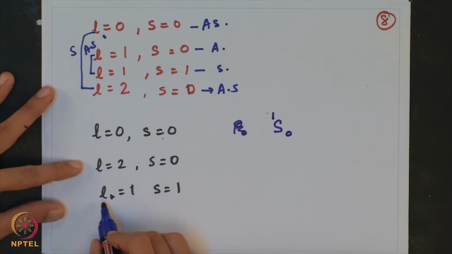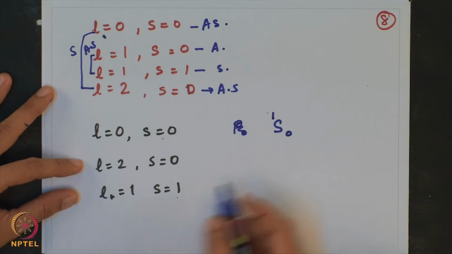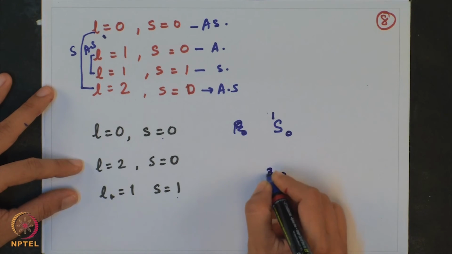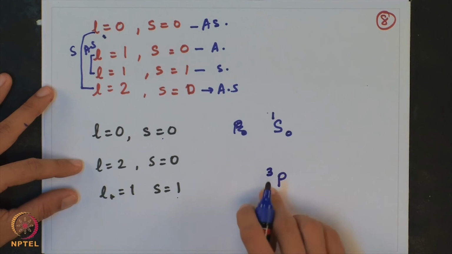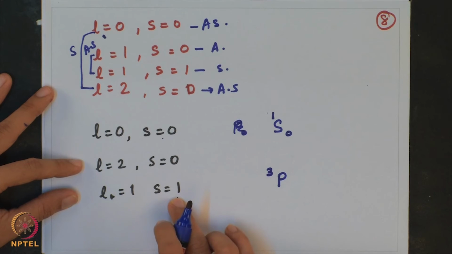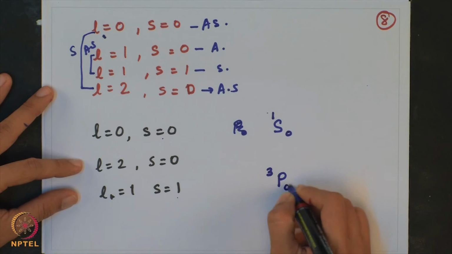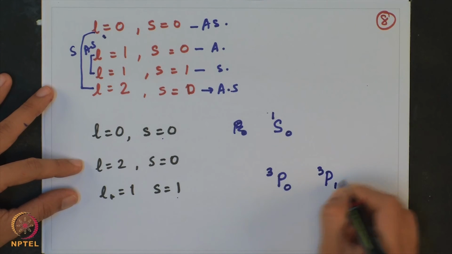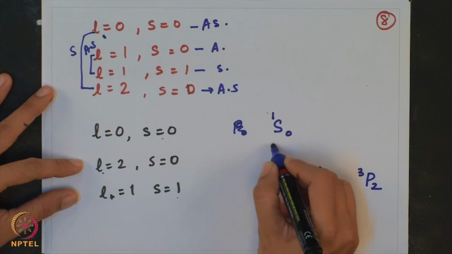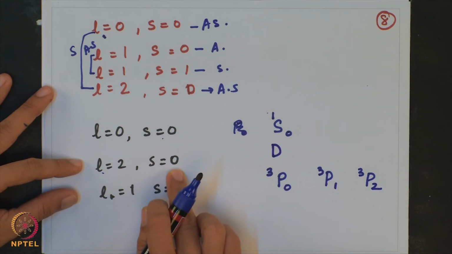Okay. Then you come to L is equal to 1, S is equal to 1. So, there will be a P state and here the multiplicity will be 3. The combination for J can be 0, 1 or 2, so I will write 3P0, 3P1, 3P2. Similarly, for the last combination you can have only one possibility.